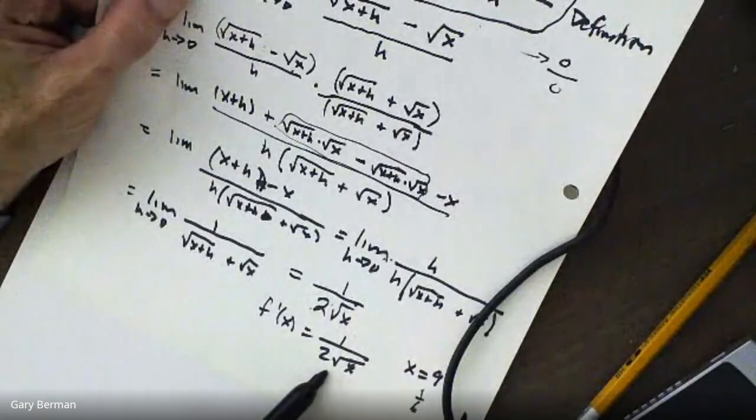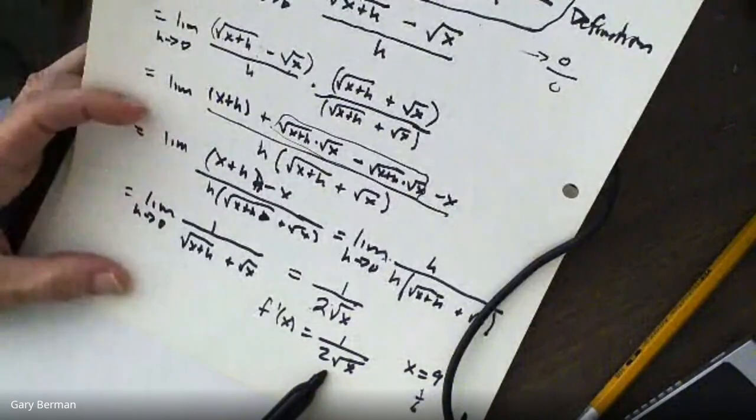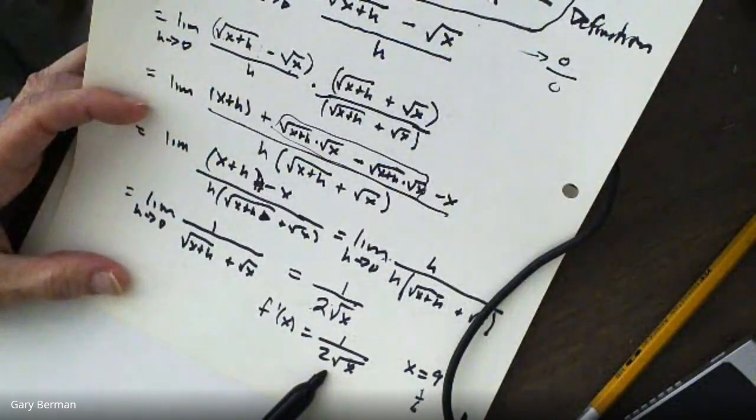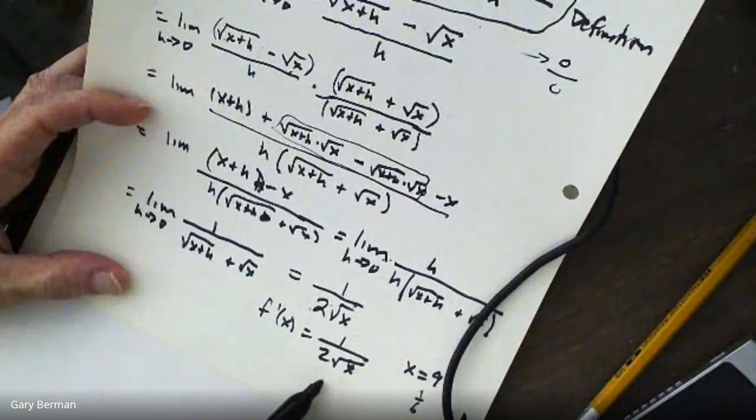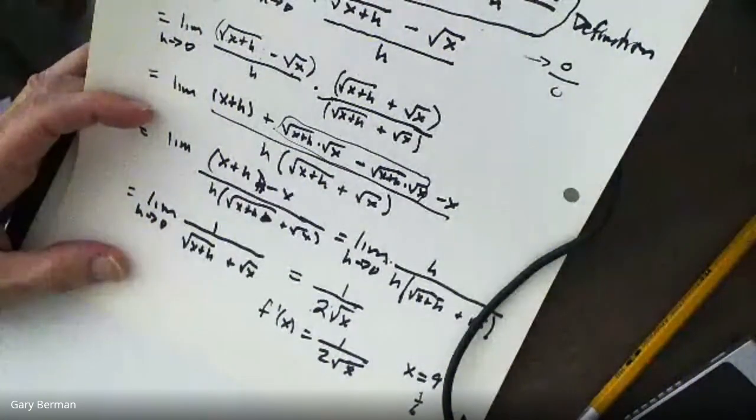What's the domain of this function, the derivative itself? Is it still x greater than or equal to 0? Richard? No, what is it? The domain is a little different now. Why? Excellent, very nice.